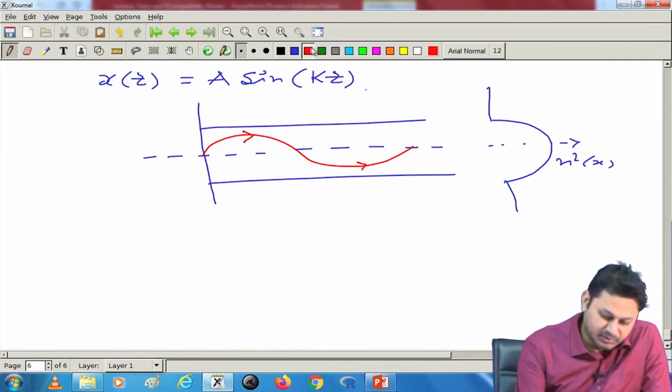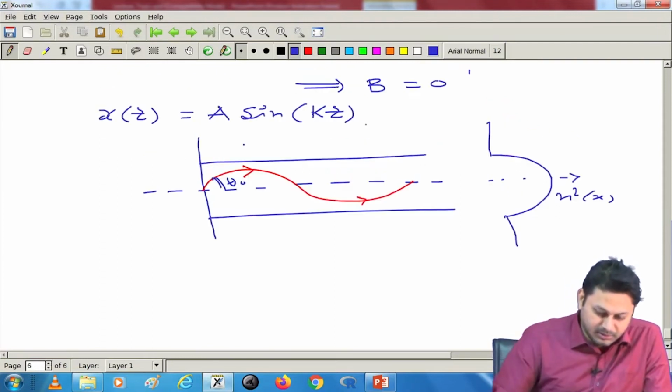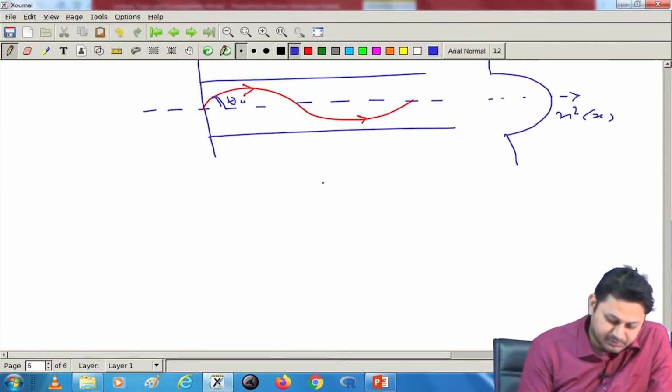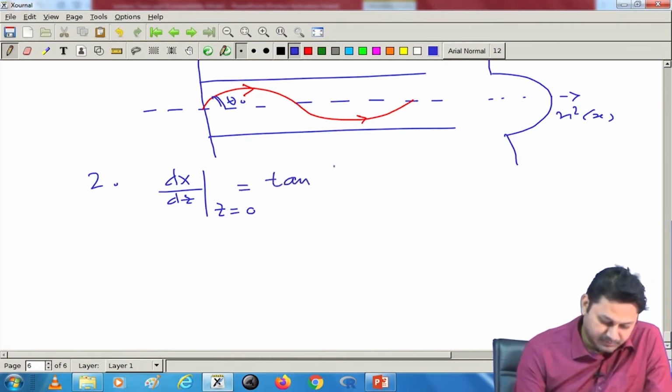So, exactly in the previous way, if this angle is theta 0, then I have the second boundary condition that dx/dz at z equal to 0 point, that means here, is simply tan theta 0.